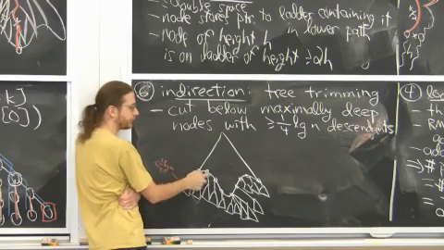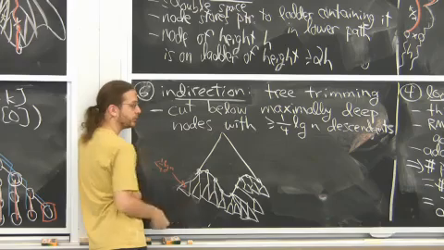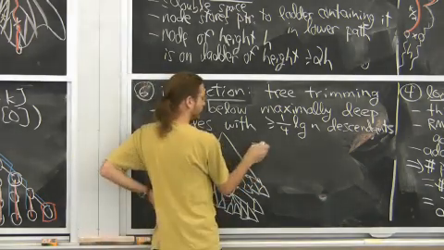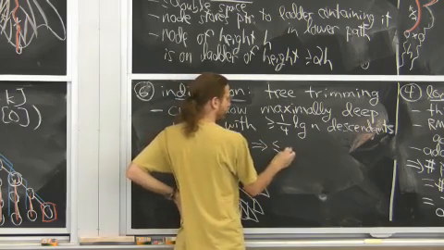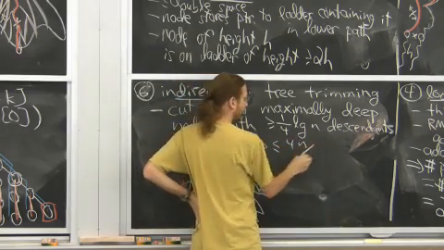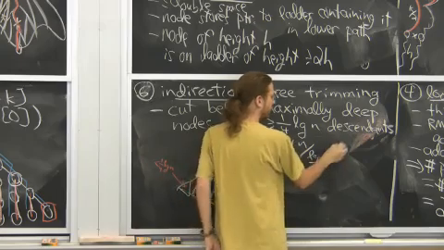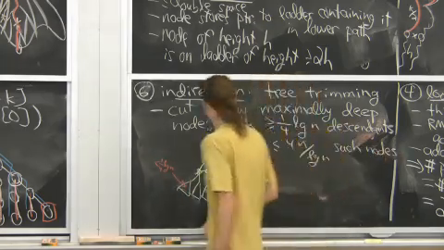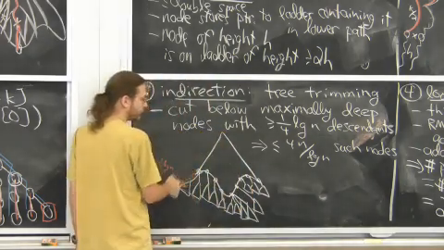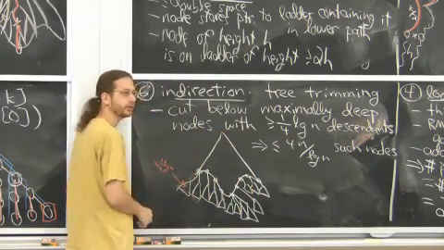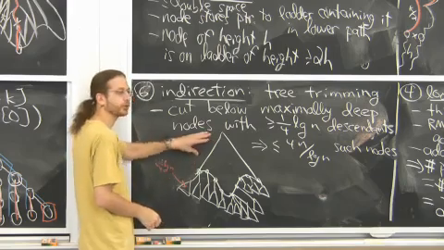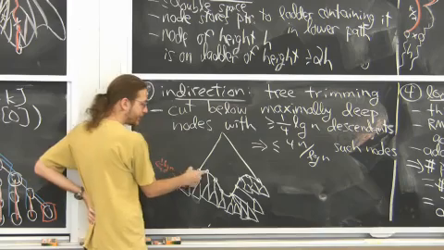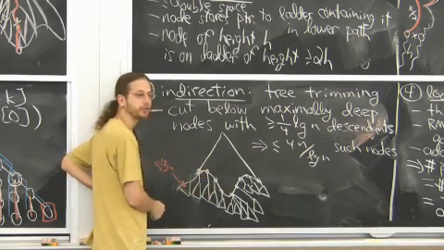So how many of these circled nodes are there? Well, at most 4 n over log n such nodes. Right? Because I can charge this node to at least a quarter log n nodes that disappear in the top structure. But these things become the leaves.